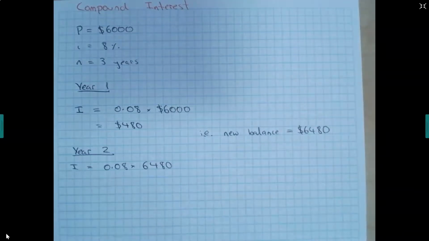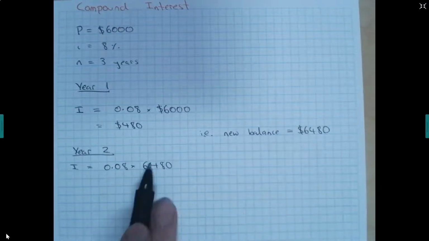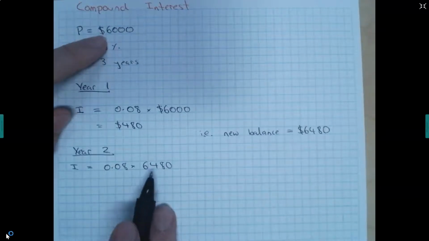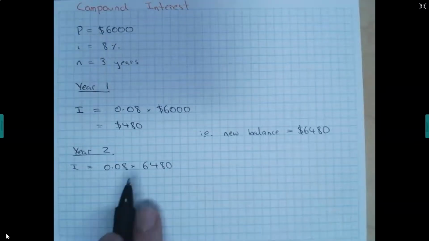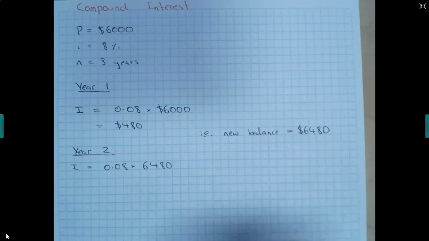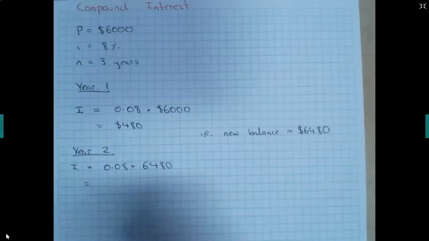Then in year 2, we're going to find 8% of that, so 0.08 times 6,480. Can you see the difference between this and the simple interest? With the simple interest, rather than finding 8% of the new amount, it was still just finding 8% of the initial amount, and then it would have added it to the total. But now we're finding the percentage of that increased balance. So 8% of that is $518.40.